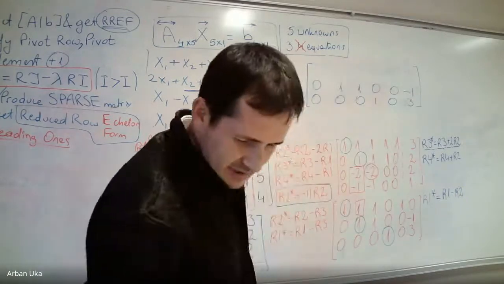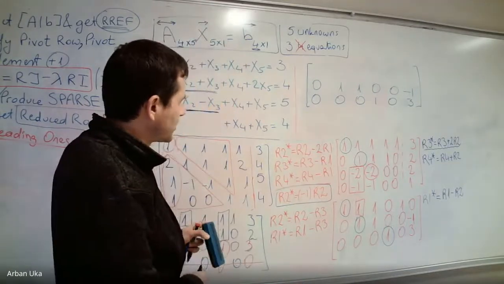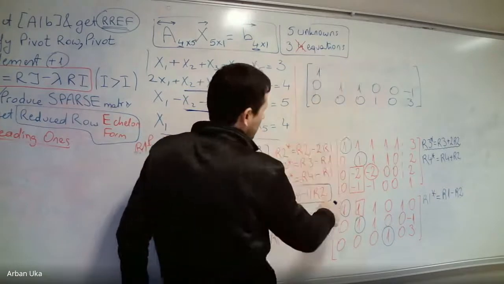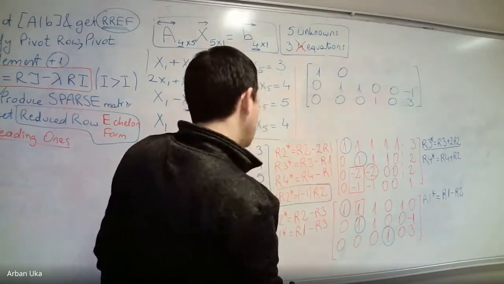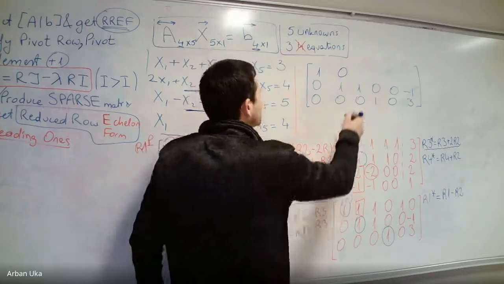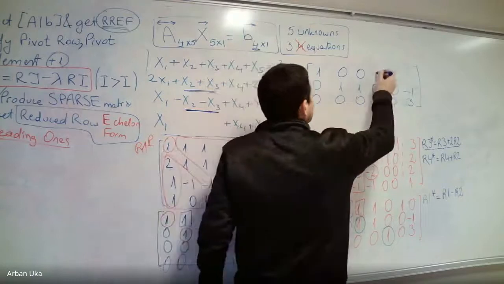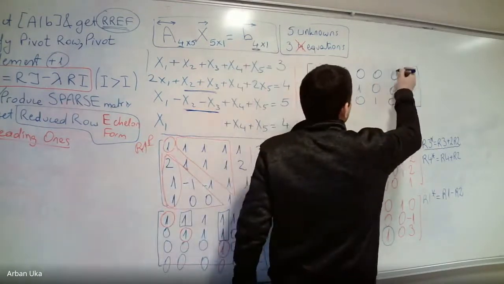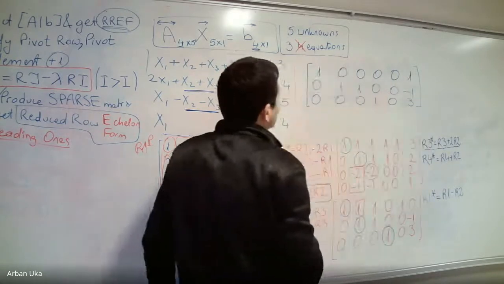This is what you have to be careful about in linear algebra. So you have row 1 minus row 2. Here we get 1 minus 1, 0, and then what is left, 1 minus 1, 0 again. 0 minus 0, this is 0. 1 minus 0, 1. Then 0 minus 1, we get minus 1.